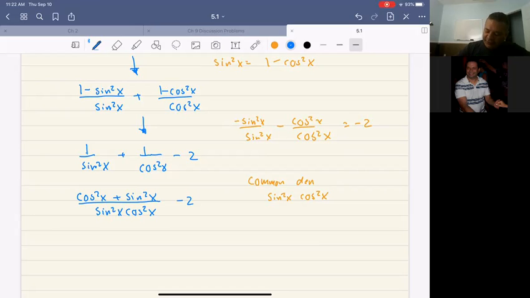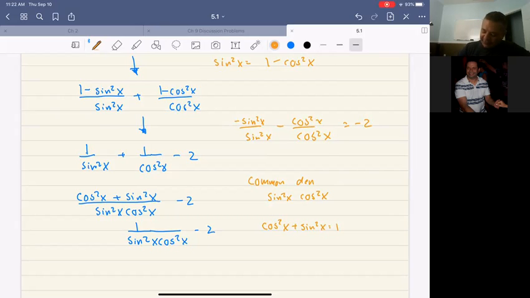So now this is just 1 over sine squared of x cosine squared of x minus 2. That's using, of course, cosine squared of x plus sine squared of x equals 1.